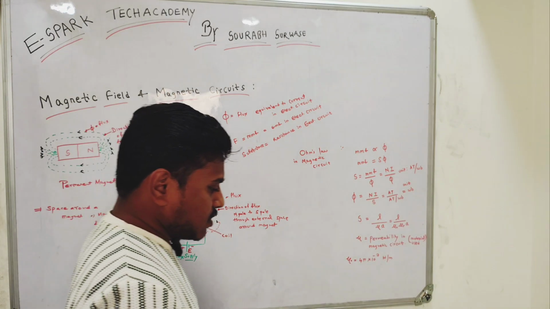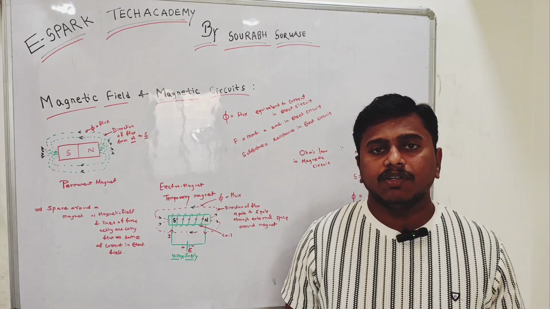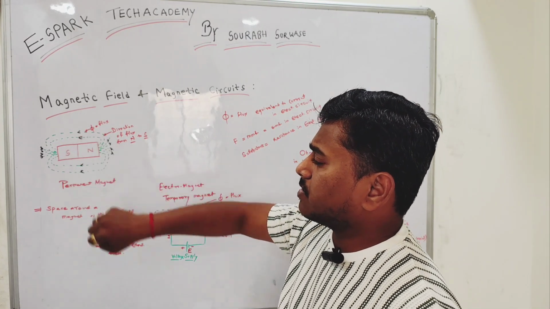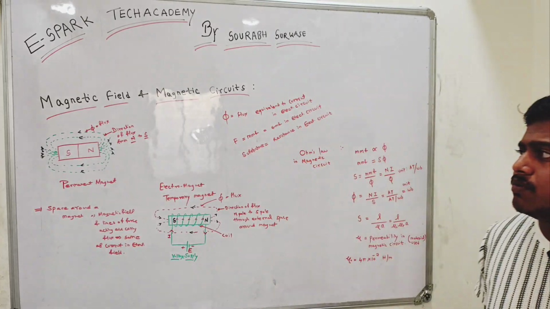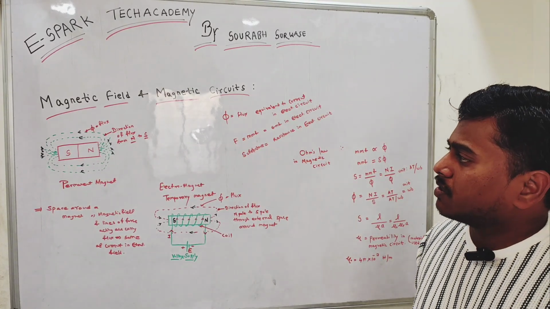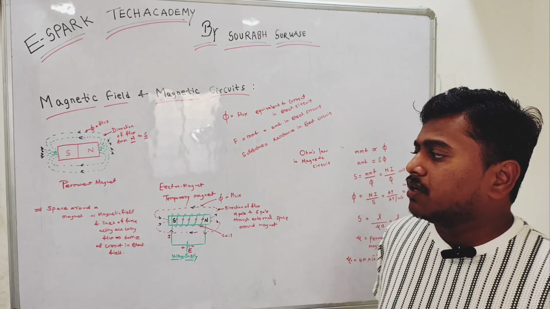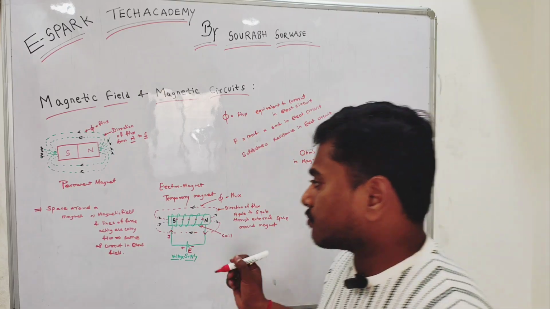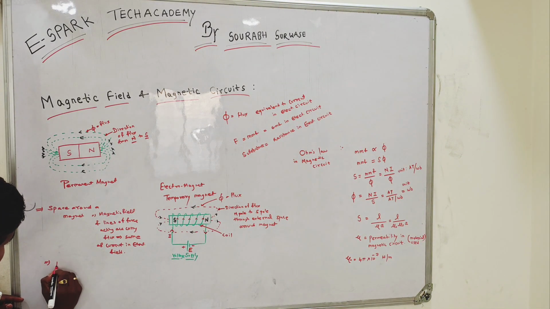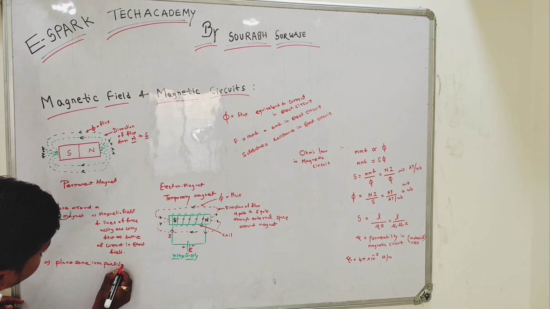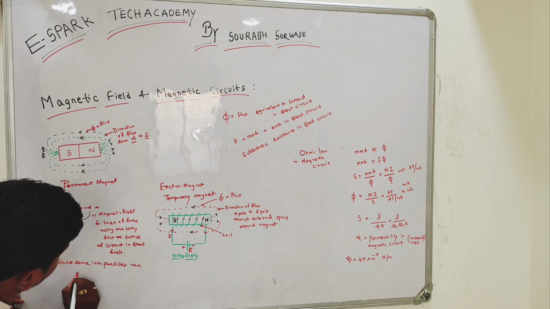Flux is a stationary part, actually not a moving part. These lines of force, this flux, are imaginary and invisible to your eyes, but you can feel the field by placing some iron particles near the magnet.